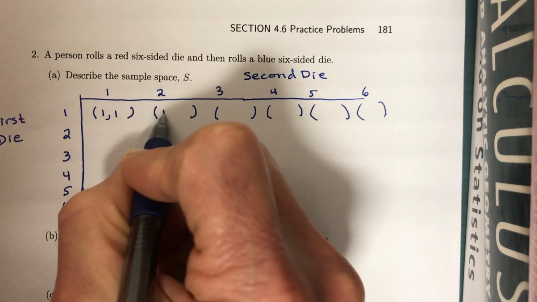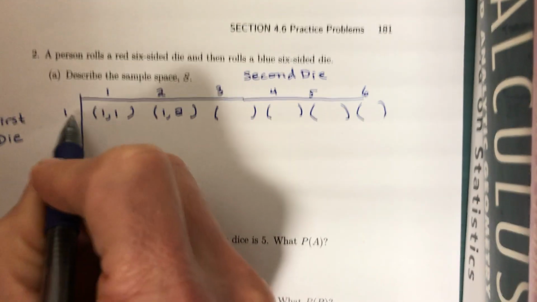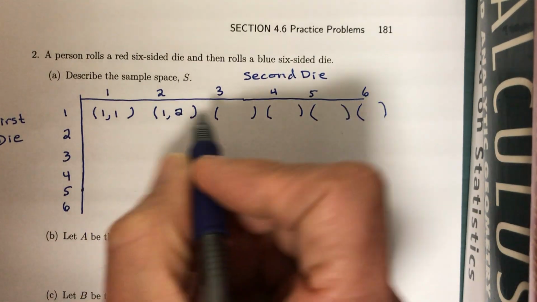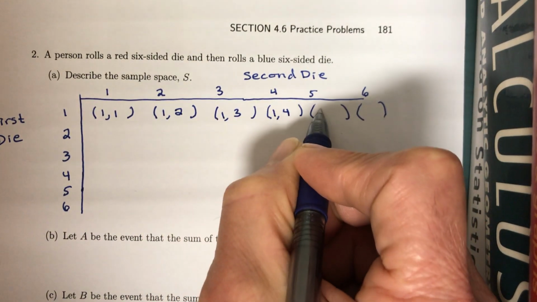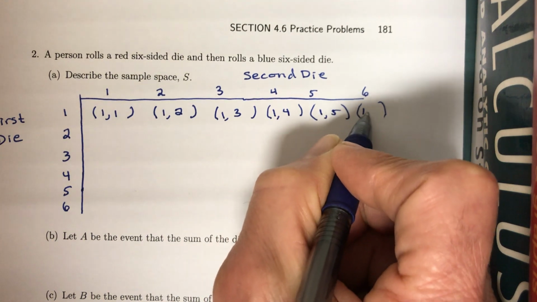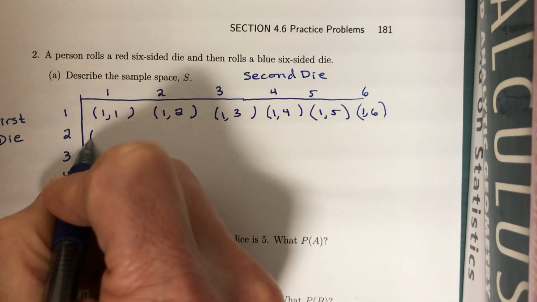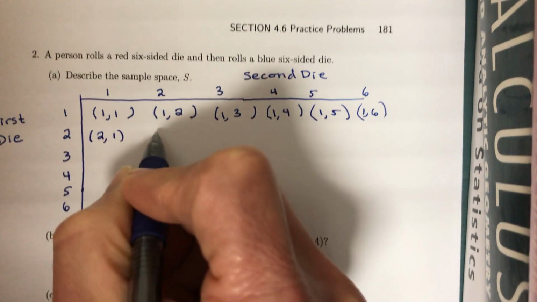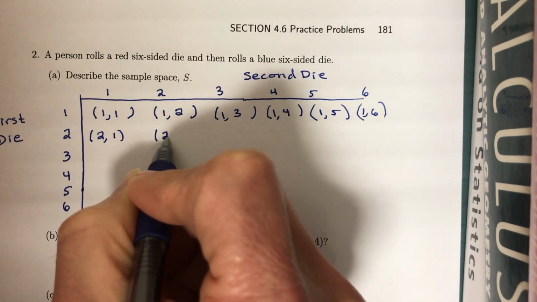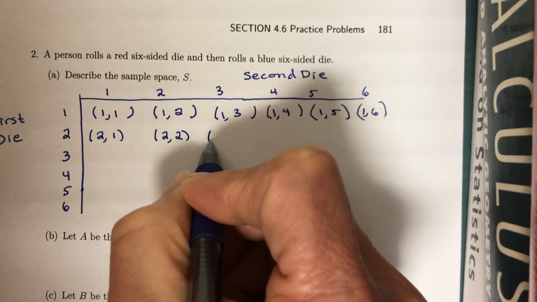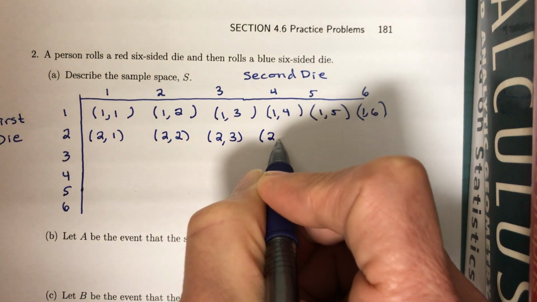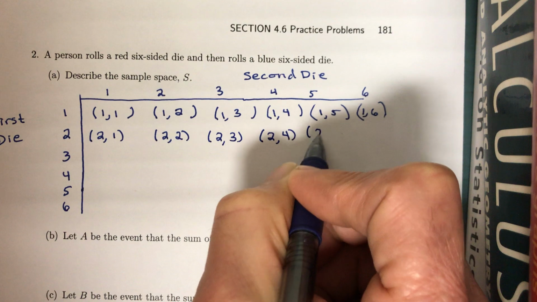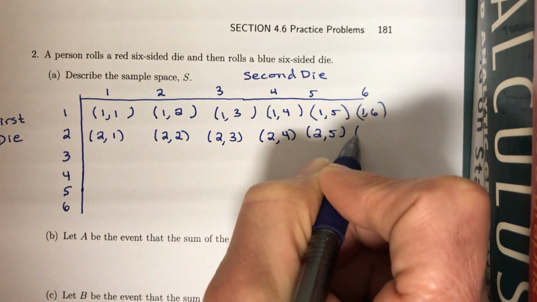Then first die, second die, first die, third die, first die, fourth, first, fifth, 1, 6. So one way or another, we need to get all of them. So we have to have a method to organize our list. Otherwise, we just won't be sure that we get all of them.